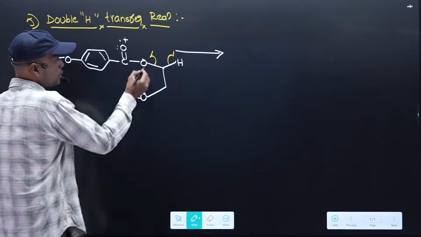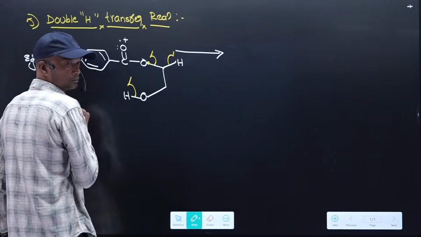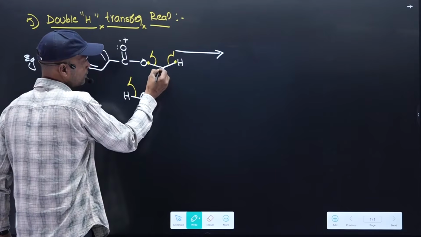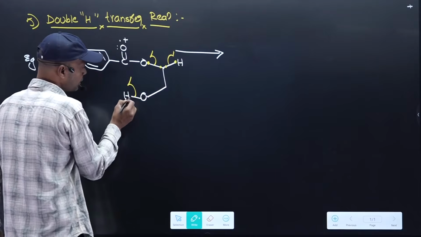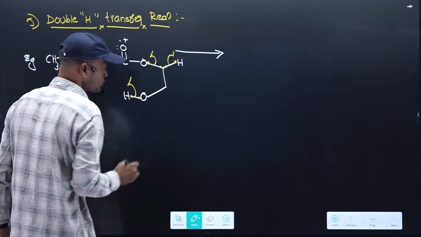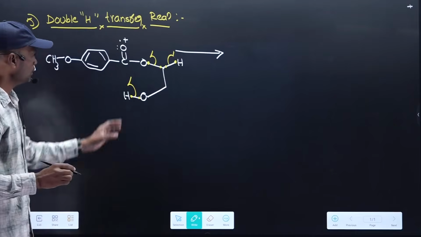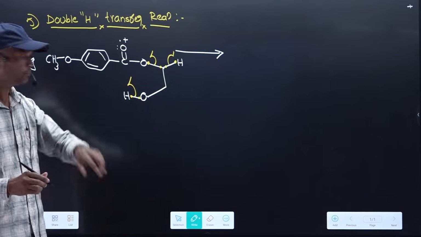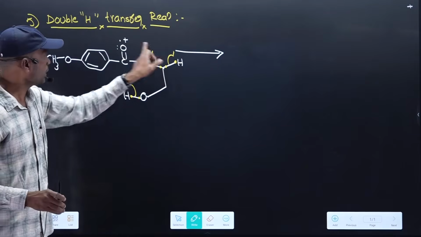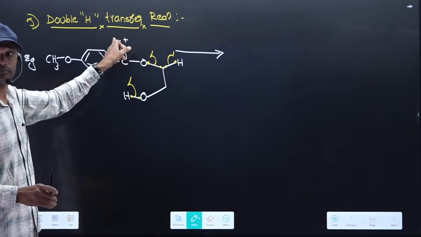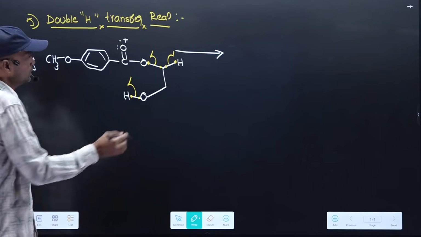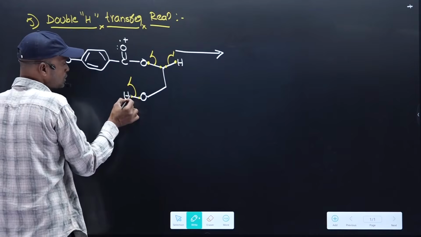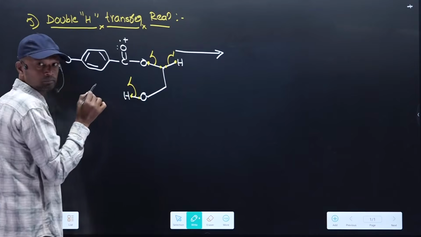So this oxygen carries a radical, this hydrogen carries a radical, this carbon has a radical, and here also radicals. Now when you break this bond, this bond, this bond in the form of radical, this hydrogen migrates from here to here. Try to understand. This hydrogen after breaking migrates from here to here. This hydrogen migrates from here to here.